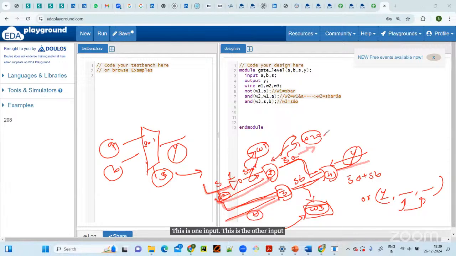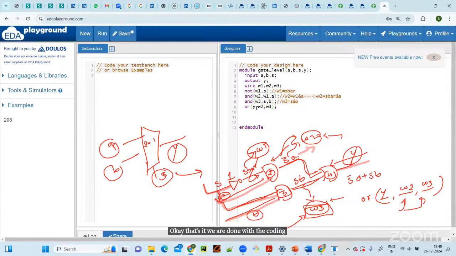This input is what? W2 and W3. So OR of Y, W2, W3. Same thing we will be writing here. OR of Y, W2, W3. Okay, that's it. We are done with the coding.